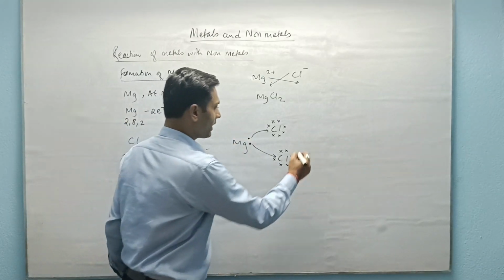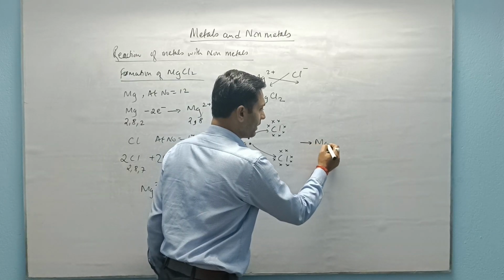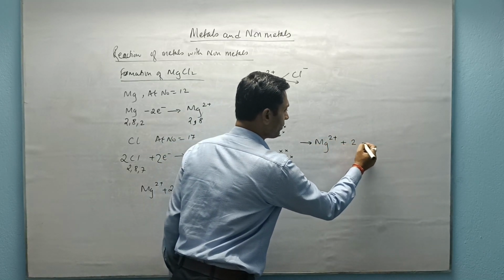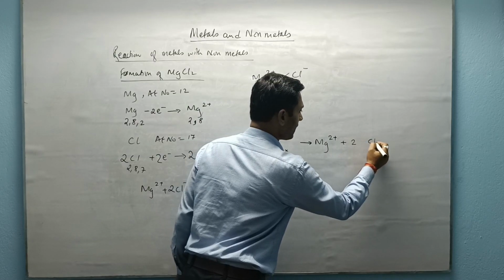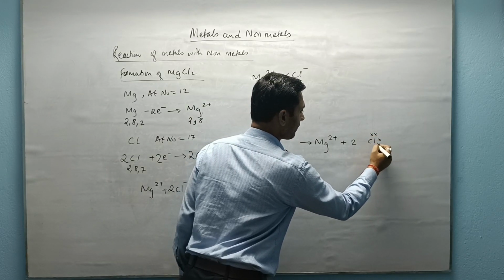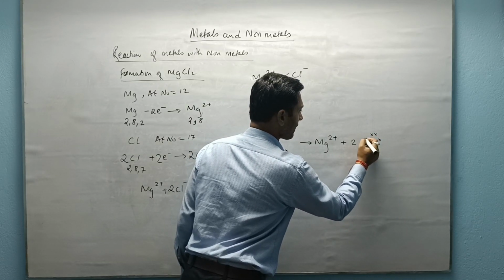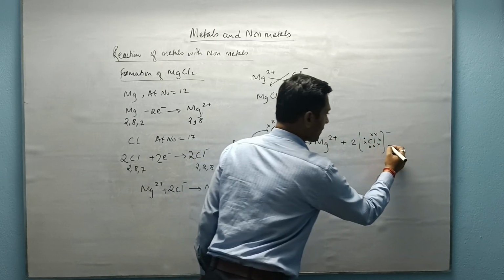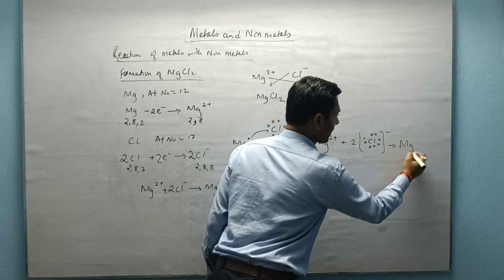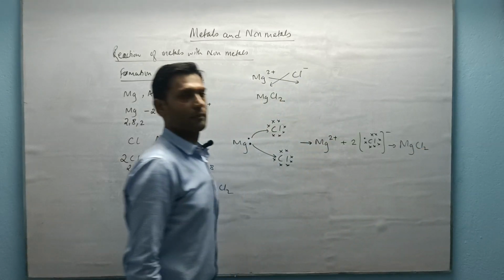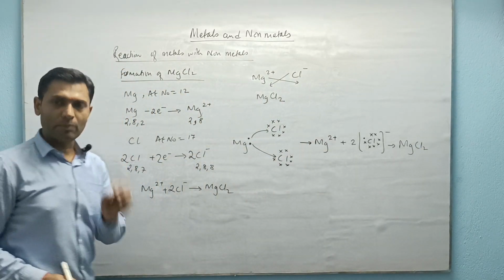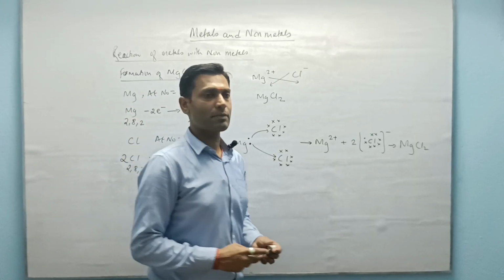Okay. So in the next step, this will form Mg2+ and this will be 2 Cl, 1, 2, 3, 4, 5, 6, 7 and 8, and this is minus. So this ultimately will form what? MgCl2. Right.